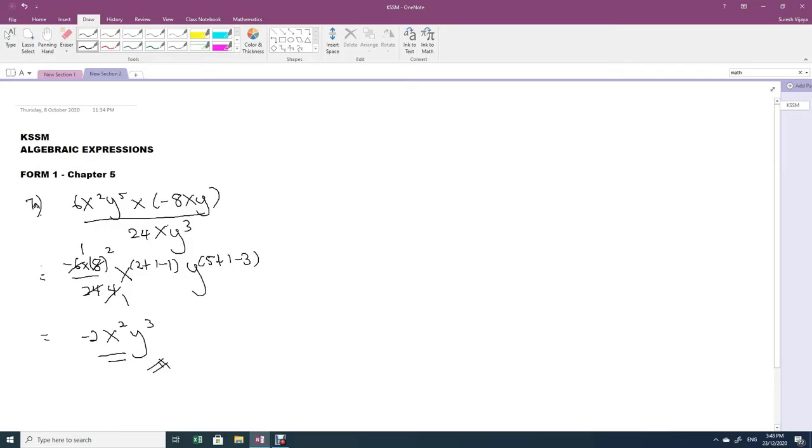Move to 7b. We have 10k to the power of 2, m to the power of 6, divided by 2k to the power of 3, m, times 7km.